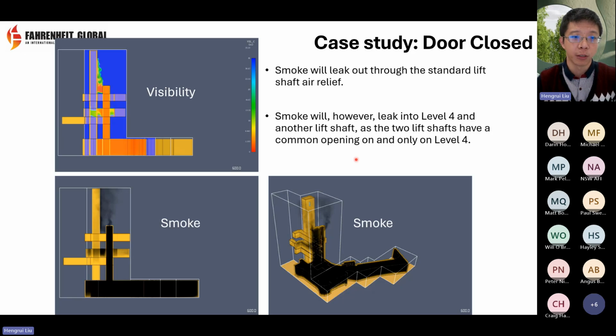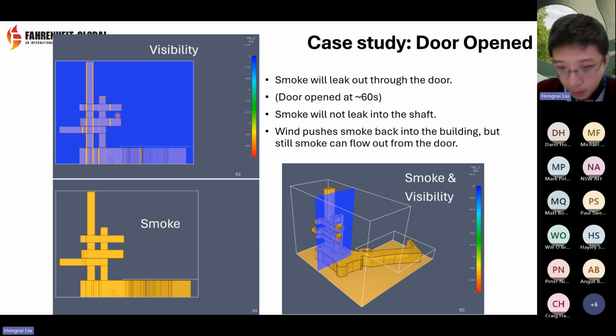The worst case scenario is that if we don't open the door, the upper levels will definitely be affected. So we're saying, okay, let's open the door. Let's trigger the door open after the 7% threshold is triggered by the smoke detector. So similar setup, but this time we have a small door here. As we said, it will be triggered by the smoke alarm or smoke detector above the fire at 7%.